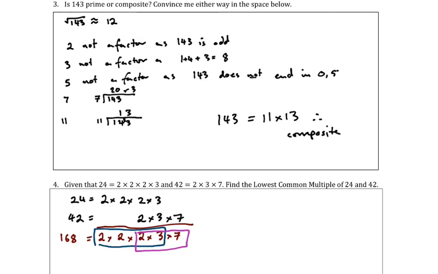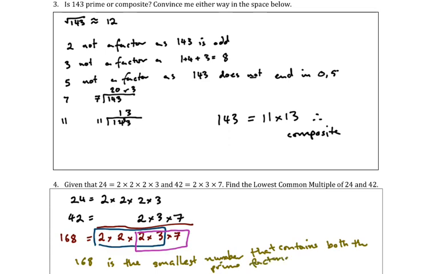Now if you look here, if you do a Venn diagram method, what I've effectively drawn is a Venn diagram. 168 is the smallest number which contains both the prime factorizations of 24 and 42.